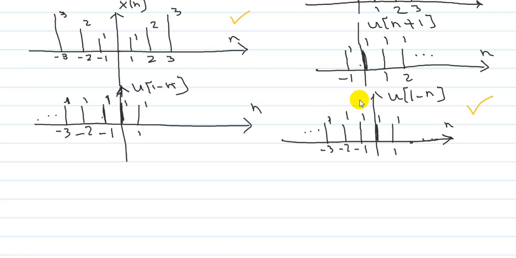So now we are interested in finding the multiplication of x of n with u of 1 minus n. It's quite straightforward.